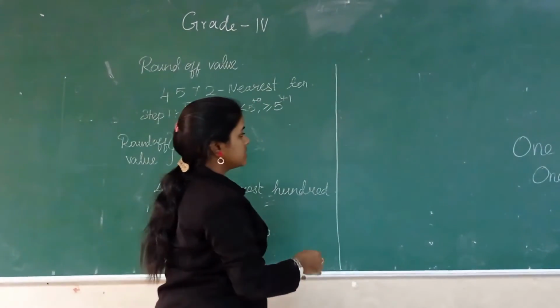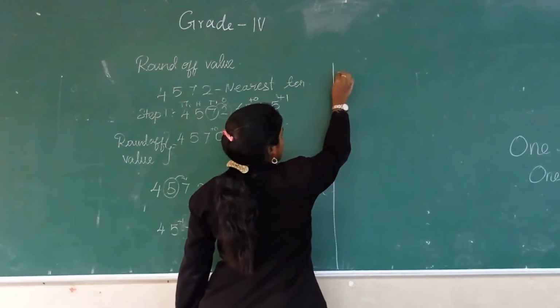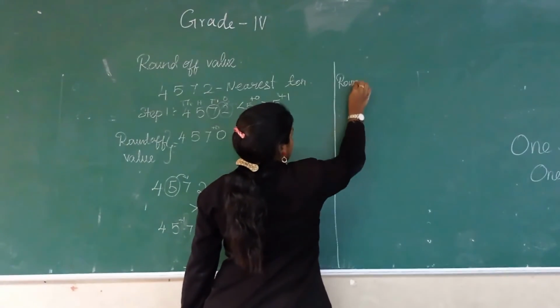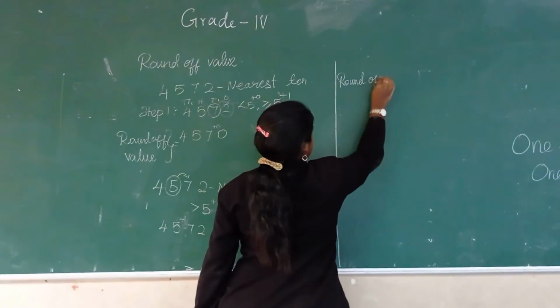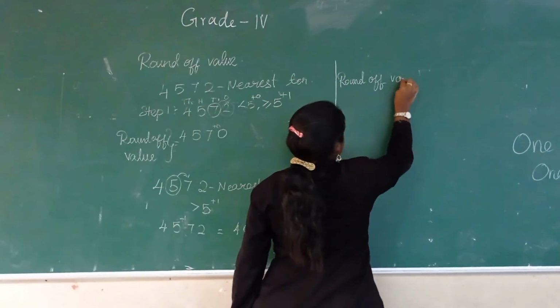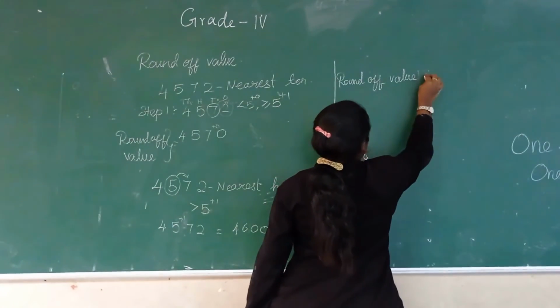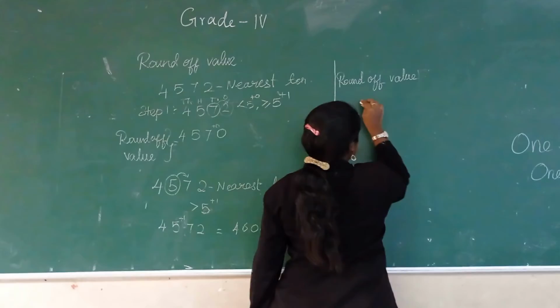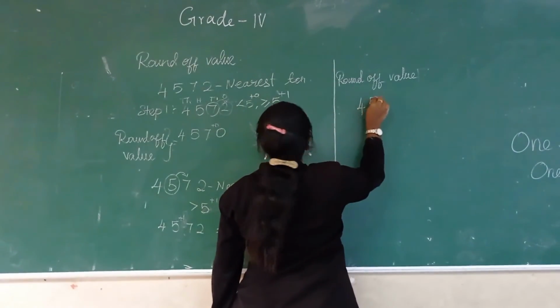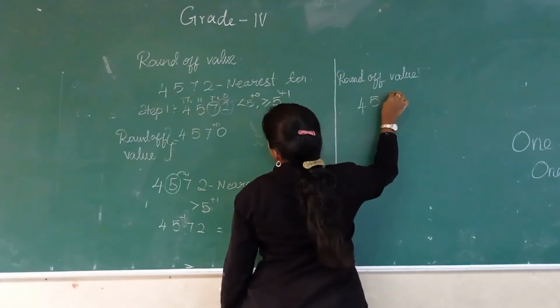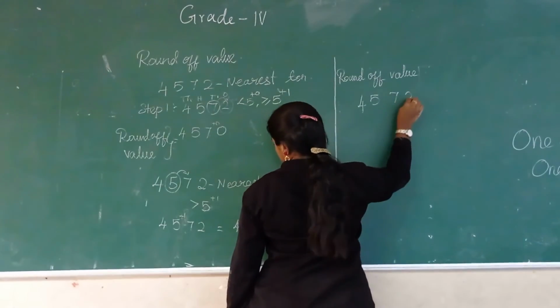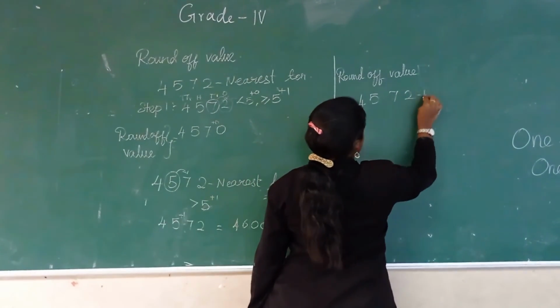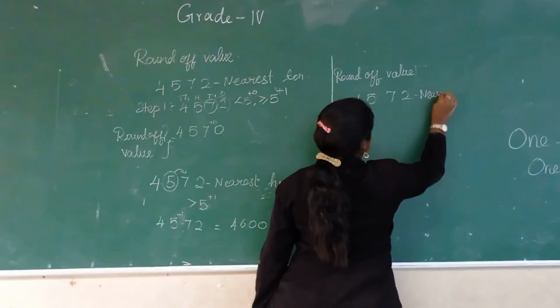So here you can see round off value, nearest 1000. 4572. I am going to change to the nearest 1000.